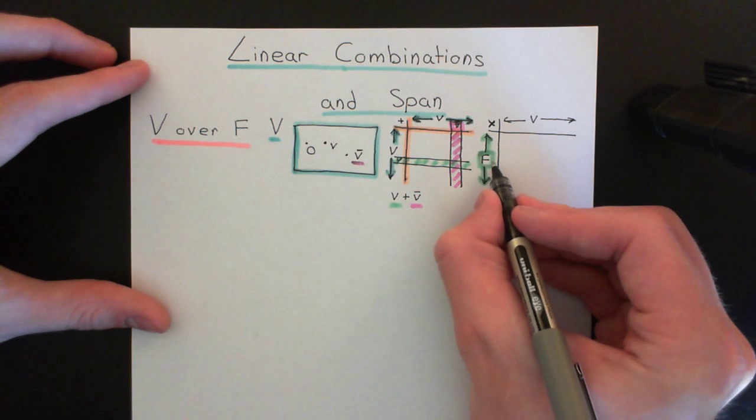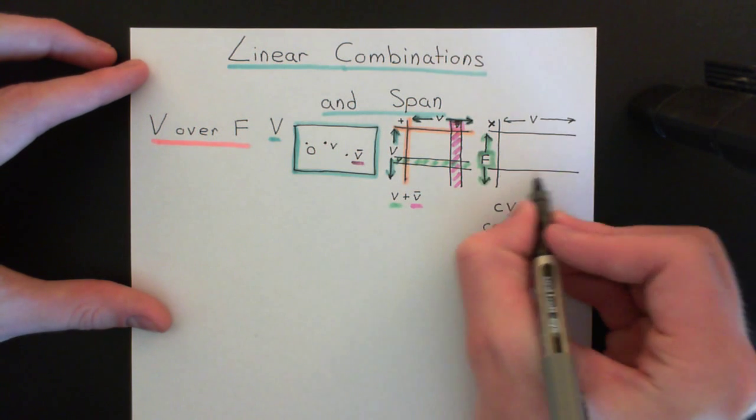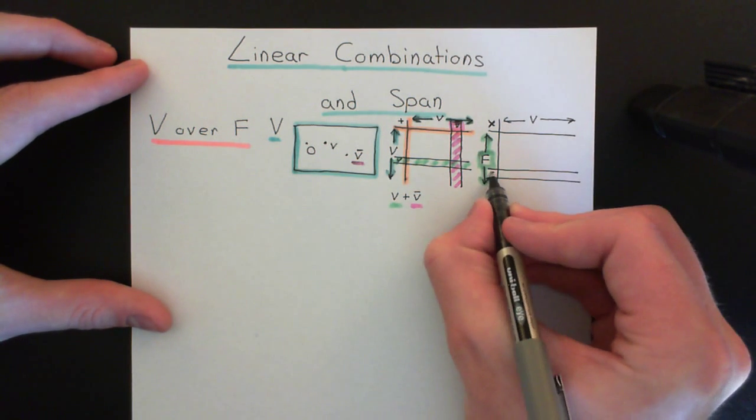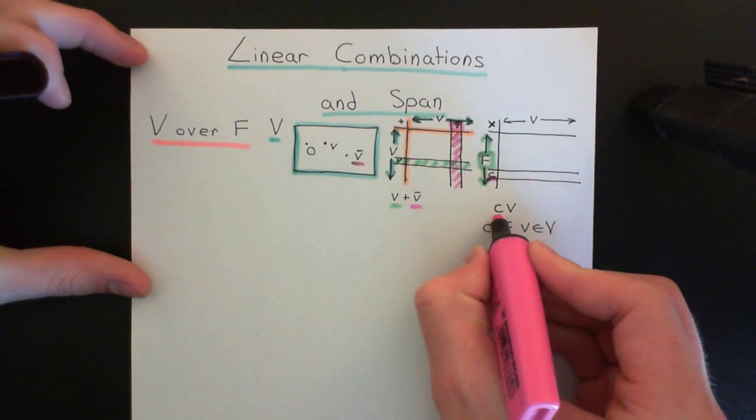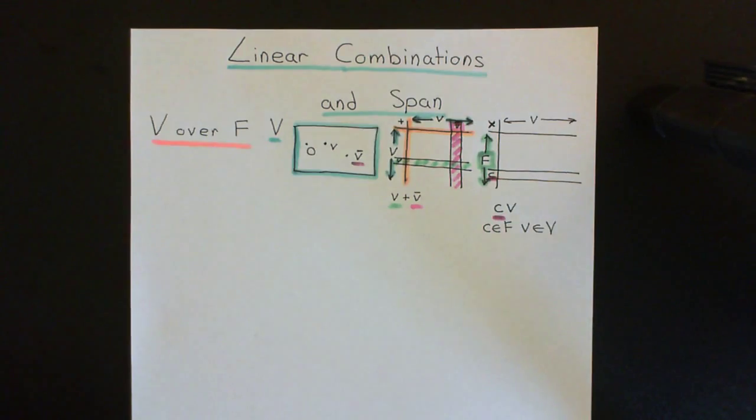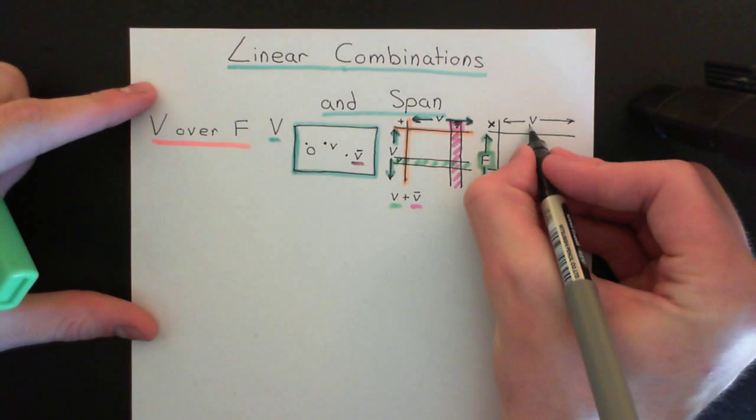And that will be the entry in this composition table where you take the row corresponding to the element C, and I should have drawn these pictures bigger. I'll colour code it again. So here is C, the element of the field, and then we'll have our vector V here, and we'll take the column dedicated to it.